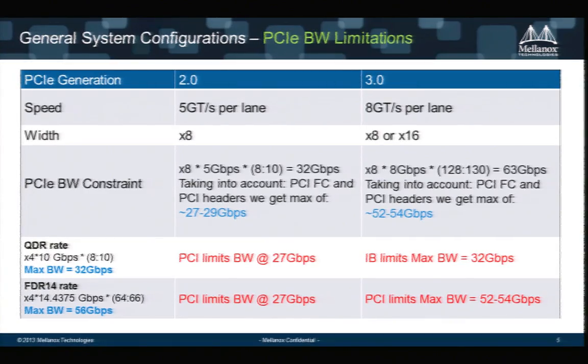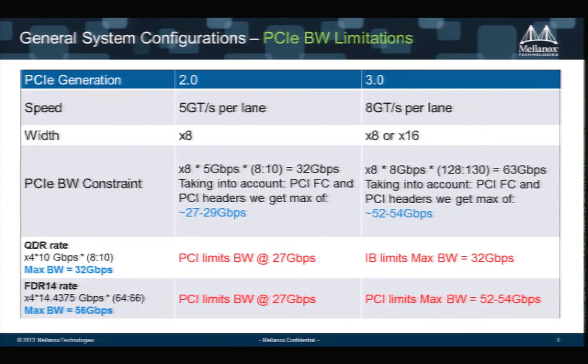specifications. So, first thing I want to talk about is the PCI bandwidth limitation. On a Gen 2 system, we have a PCI bandwidth constraint of around 27 to 29 gigabits per second, while on a Gen 3 server, on an 8-lane, we'll have around 52 to 54 gigabit limitation, which means that when inserting a card that should run at a QDR rate of around 32 gigabit per second, we are limited by the PCI on a Gen 2 server.